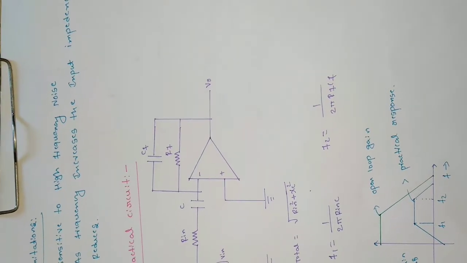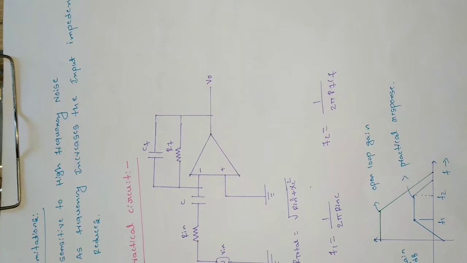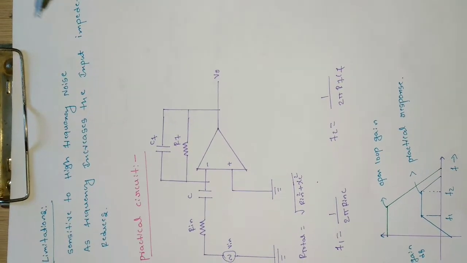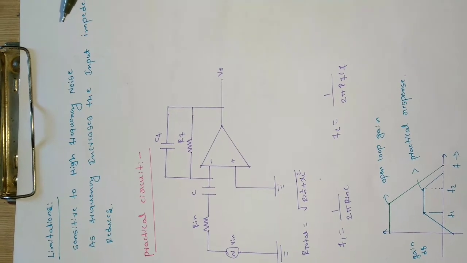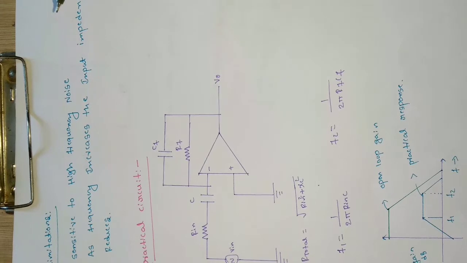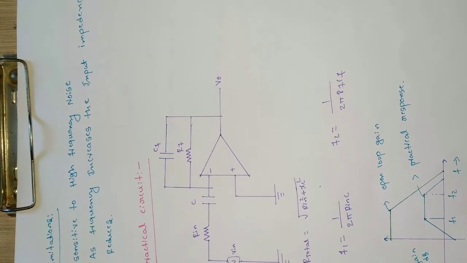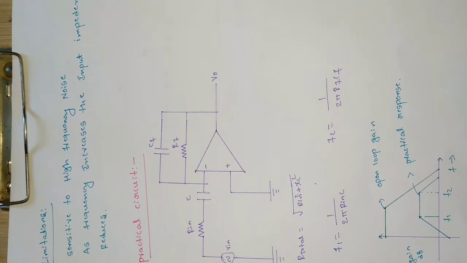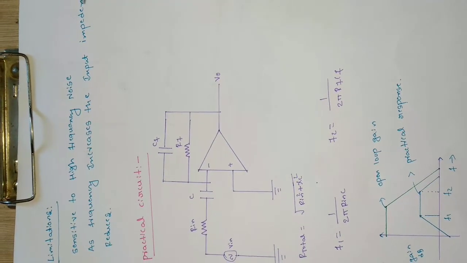Grouping these two practical limitations together, we can write these two points here. The first one is, the op amp differentiator is sensitive to high frequency noise, as it will consider the noise as an input and give the output in terms of noise itself. So it is susceptible to high frequency noise.